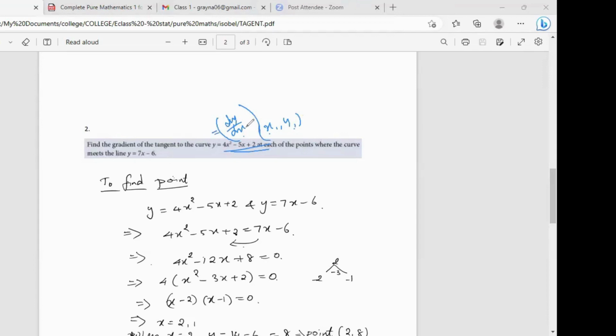So to find the gradient, I need dy by dx and also x1 comma y1.